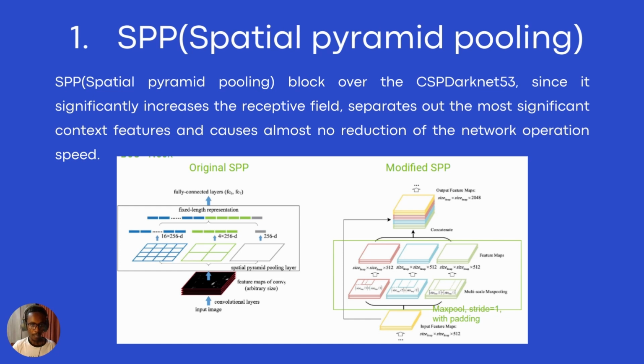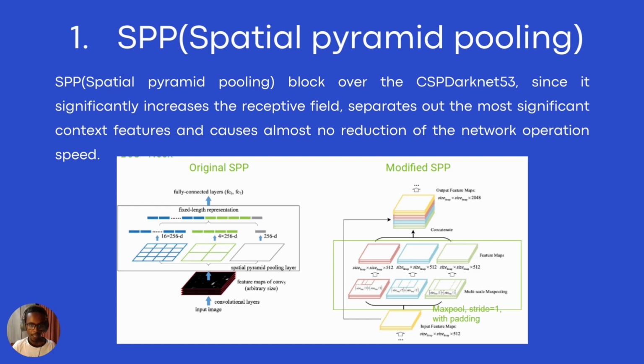And then on the final feature map, you just divide that feature map into different bins or grids. It might be 16 by 16. It might be 2 by 2 or 4. Or it might be 256 dimensional.